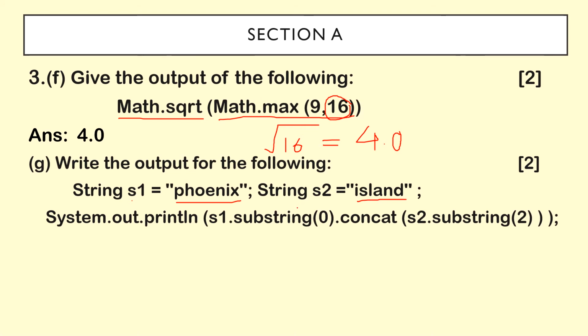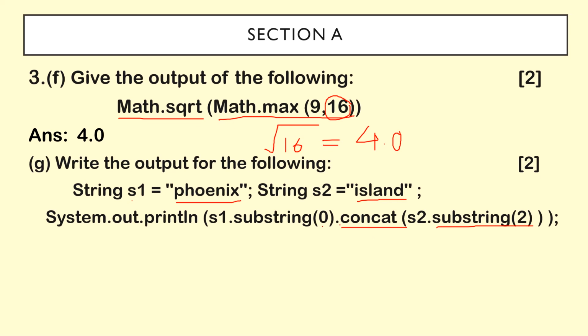You are taking a smaller string from the bigger string, starting from the point 0, and you will concatenate, that is the function, concatenate with what? S2 substring starting from 2.